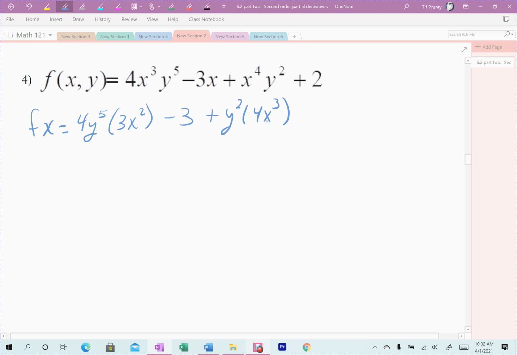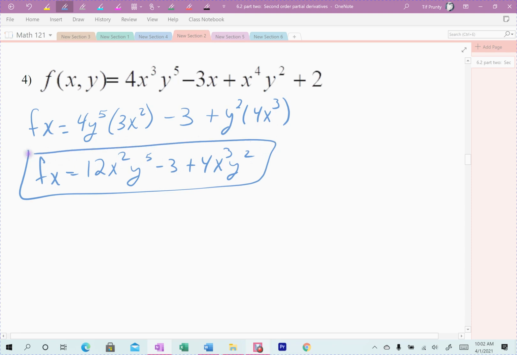The 2 will zero out. Alright, if I simplify that, I do want to simplify it because I'm going to take derivatives of it. So I get 12x squared y to the fifth minus 3 plus 4x cubed y to the second. Alright, so there's my first derivative with respect to x.